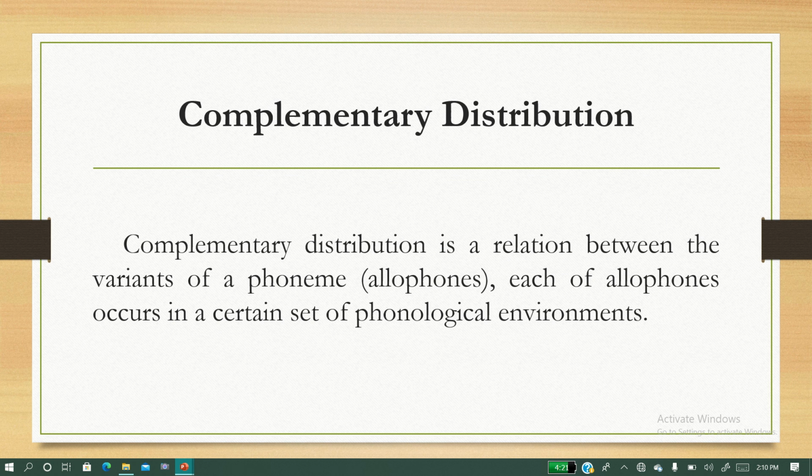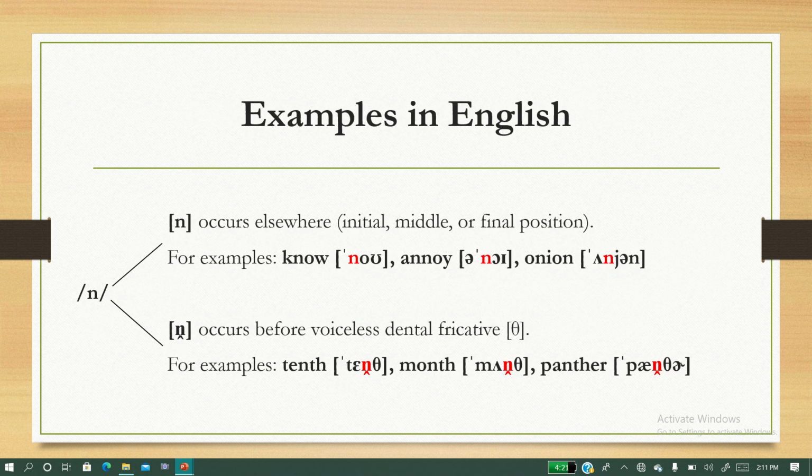In English, we also have complementary distribution. Complementary distribution is a relation between the variants of a phoneme, or allophones, where each allophone occurs in a certain set of phonological environments. For example, in English, we have some allophones of the phoneme n. The first one occurs elsewhere, in initial, middle, or final position.